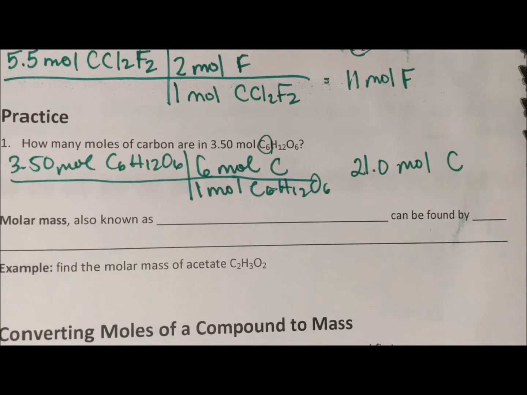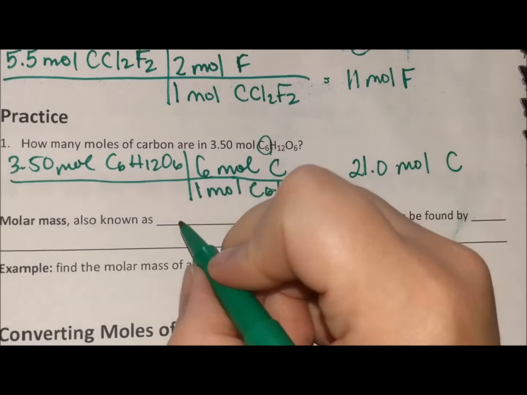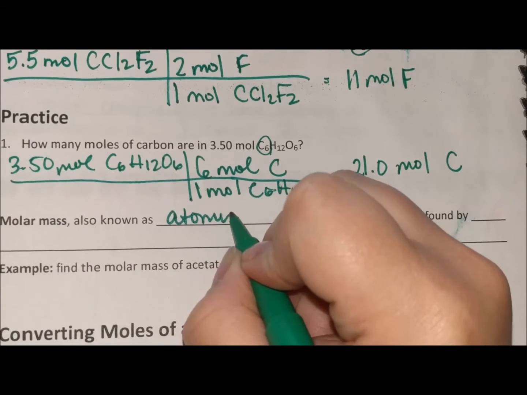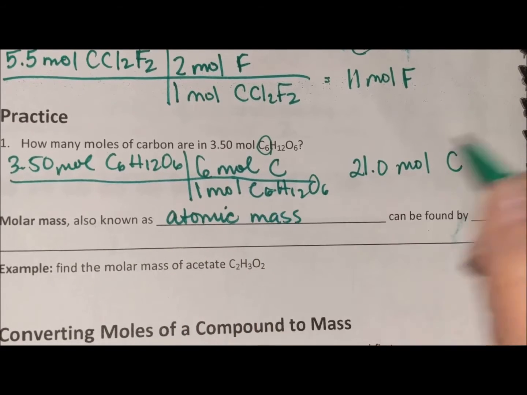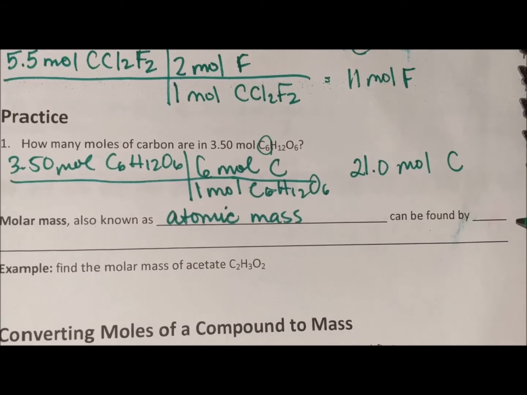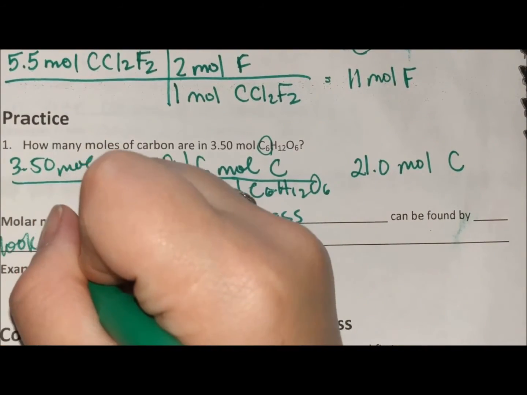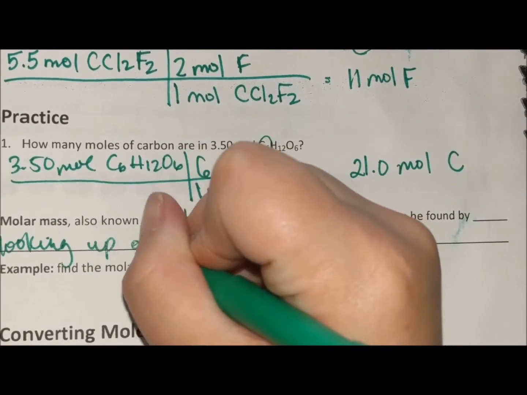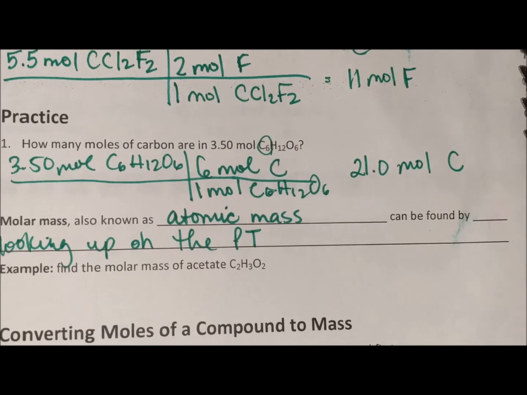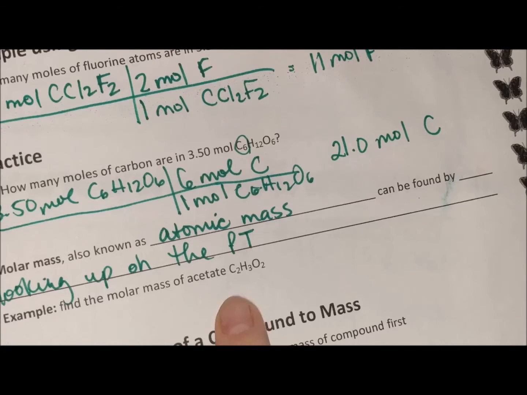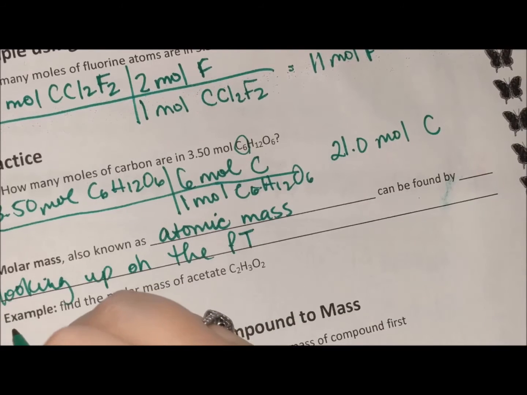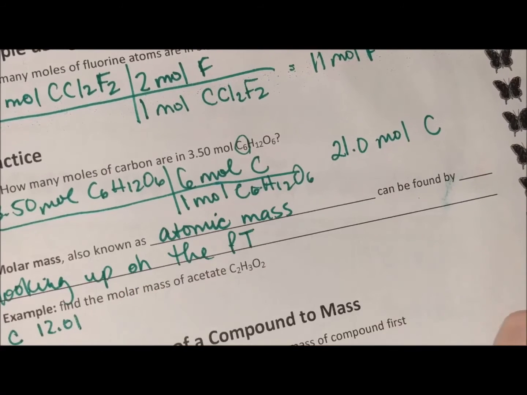But what if we needed the molar mass of a compound? Molar mass is also known as atomic mass, and it can be found by looking up on the periodic table. So let me show you how to do this for a compound. For a compound, I'm going to take the molar mass of carbon. Carbon is 12.01.